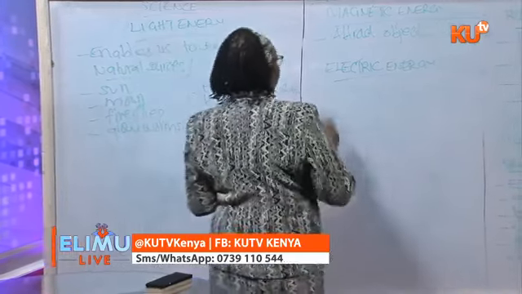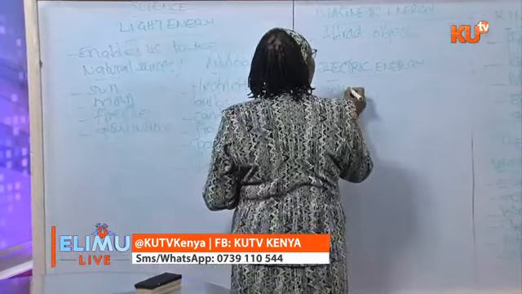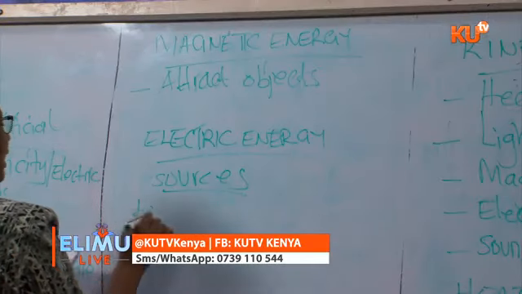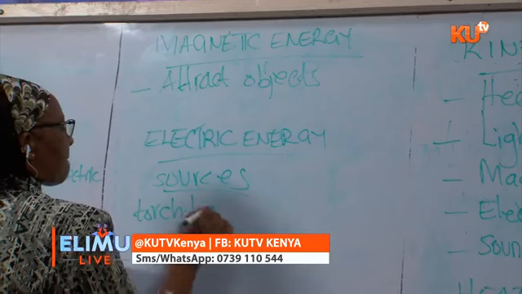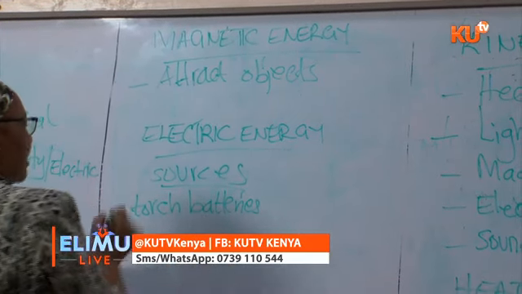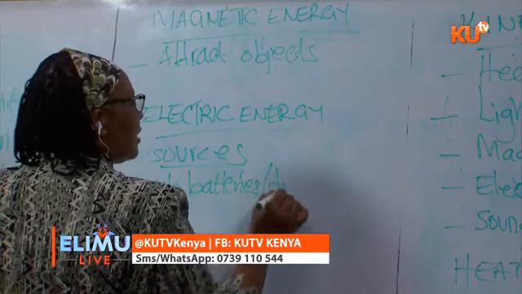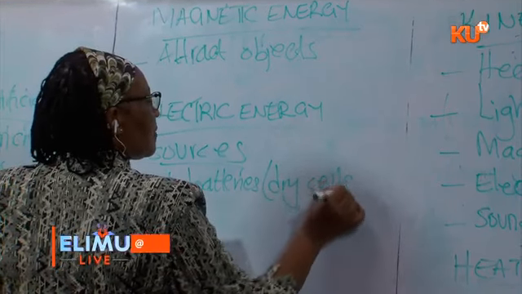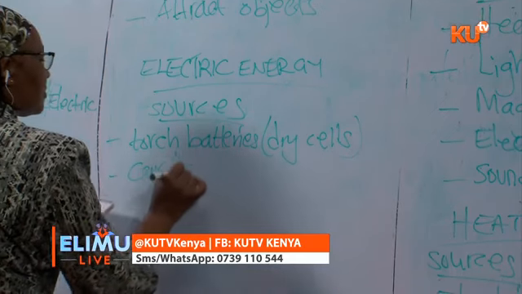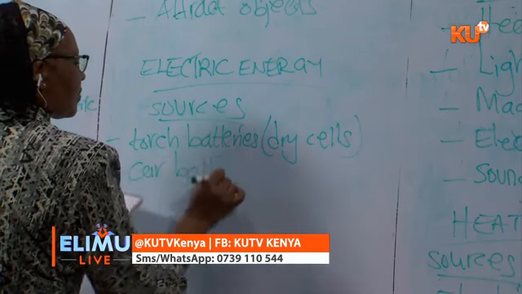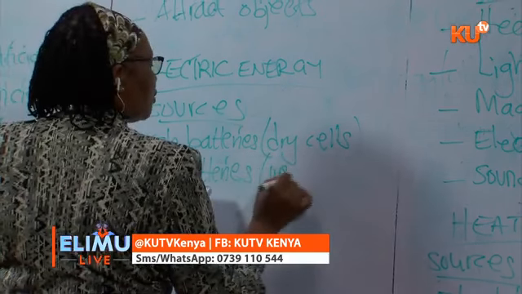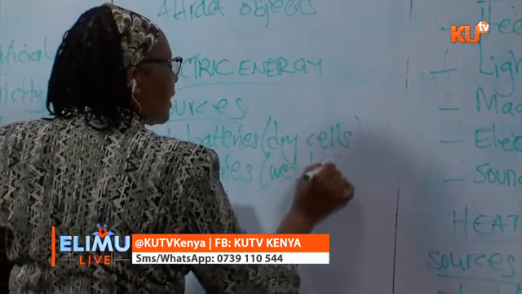Now, we have sources of electric energy. The sources are torch batteries. Torch batteries are what we call dry cells. Then we have car batteries. These are wet cells also, wet batteries.